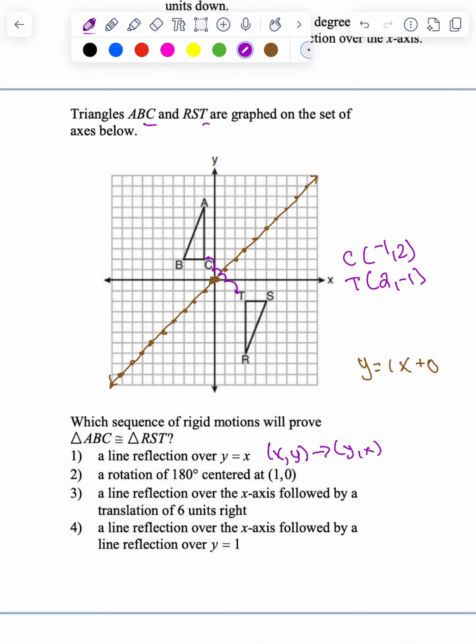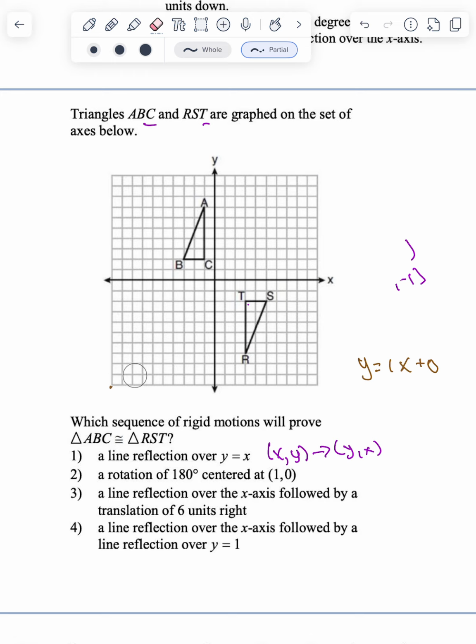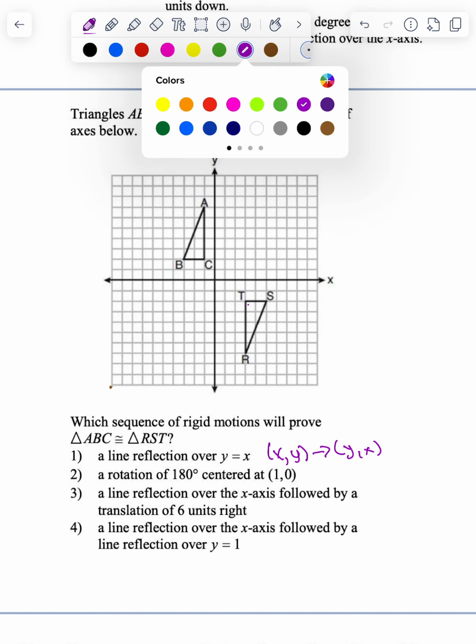Just switch the order of the coordinates. 2, -1. It's not. It's 1, 2, 3, -2. So that transformation is not going to work. So I'm going to reset over here so we could try out the next one. But I am going to leave up the rule for the reflection over the line y equals x.